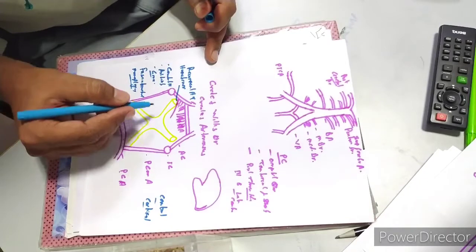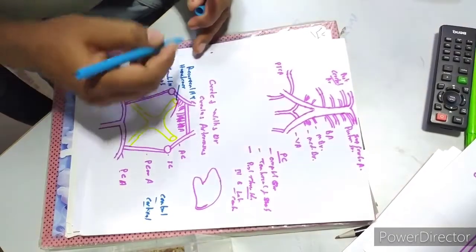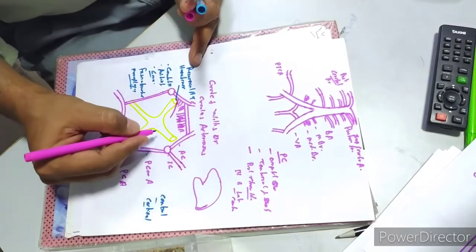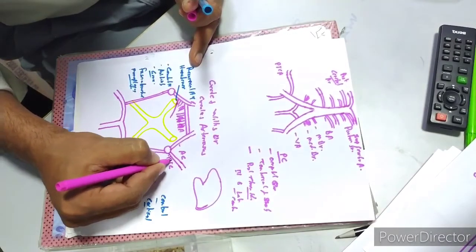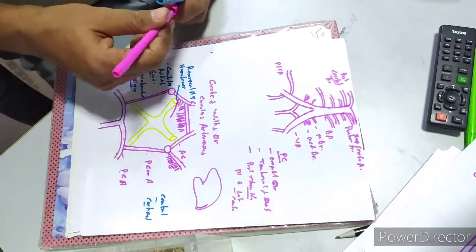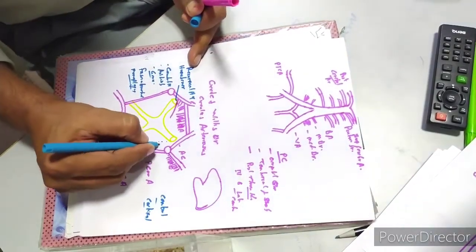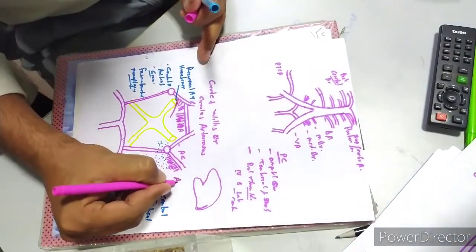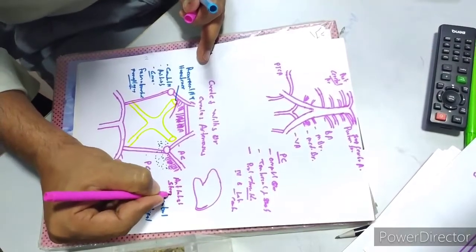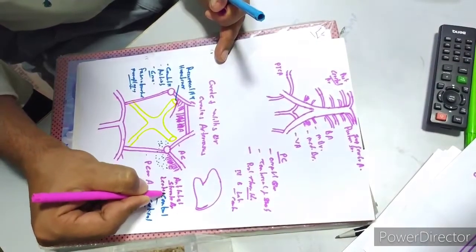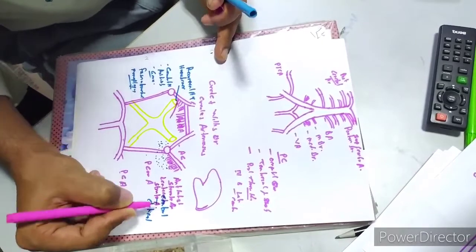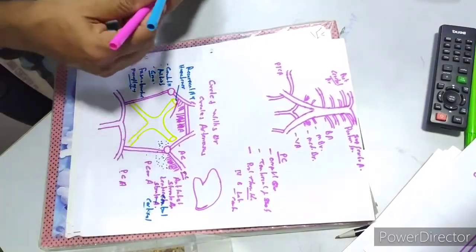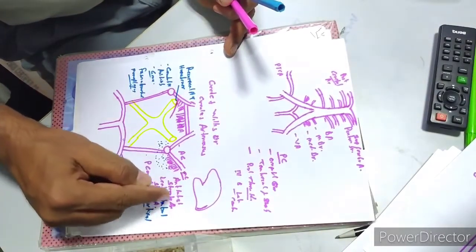Then the anterolateral branches. They come from the middle cerebral artery and give rise to the anterolateral branches, or the striate branches, also known as the lenticulostriate arteries or lateral striate arteries.